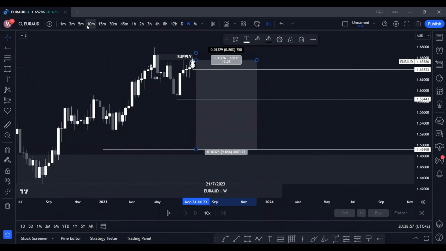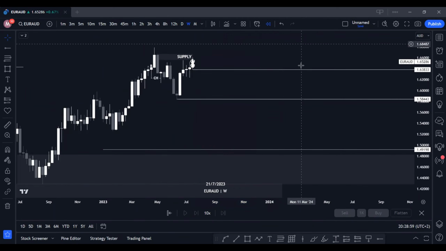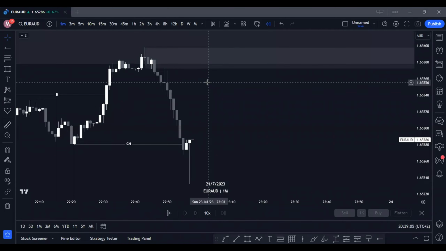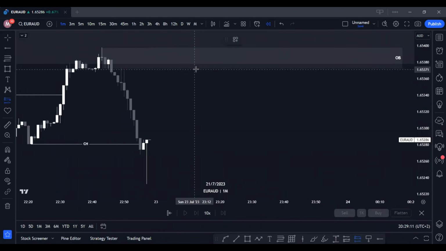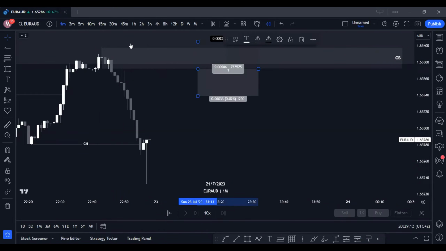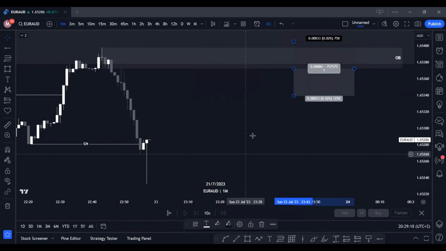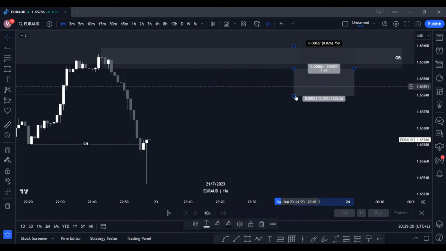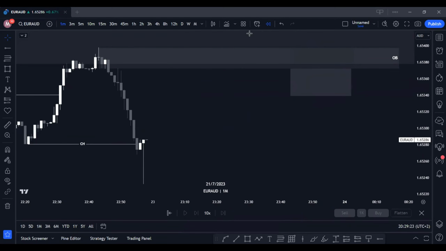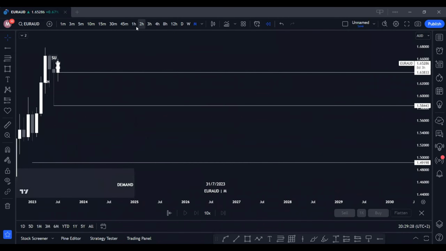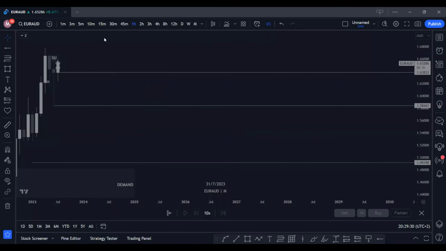But then if you take your entries off your 1 minute entry, if you take your entries off your 1 minute order block here and target your monthly low or your demand zone there. Let me just go to the 1 hour and find it.